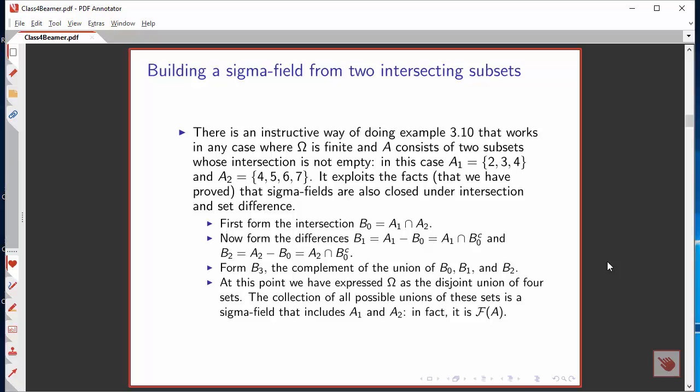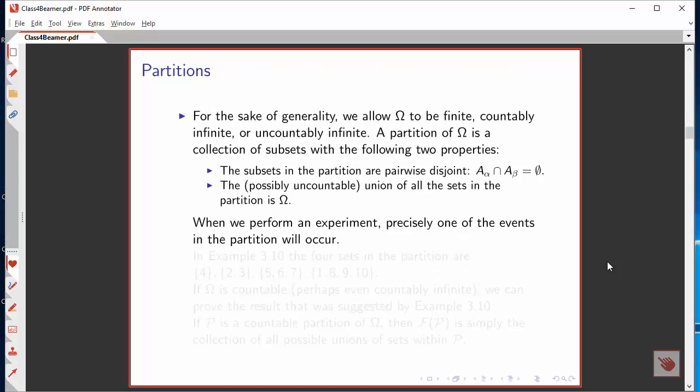We've broken the sample space, 1 through 10, up as the disjoint union of 4 sets. And if we look at all possible unions of those sets, it must be a sigma field, and by the way we constructed it, it includes A1 and A2. In fact, it's precisely the smallest sigma field that does that, the F of A that we're looking for.